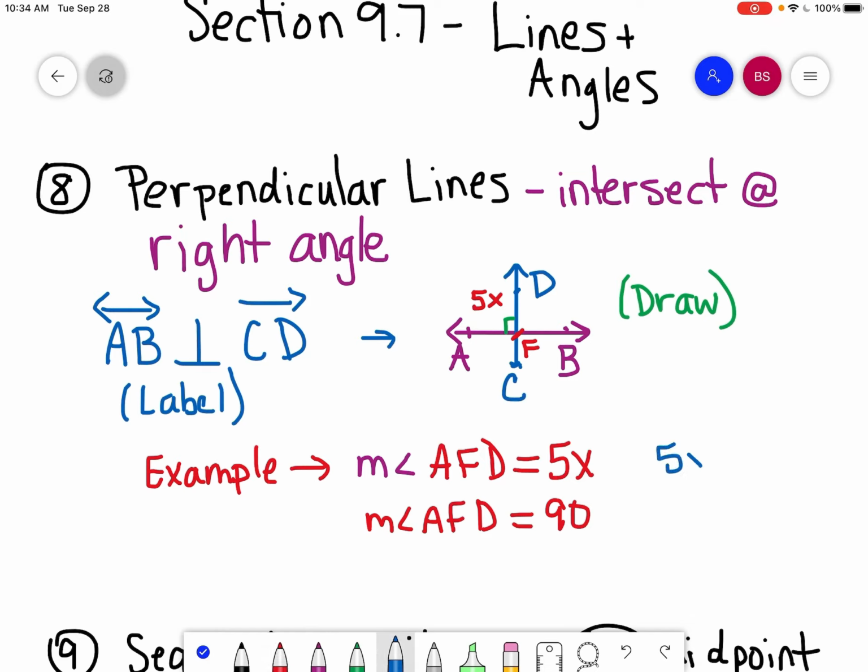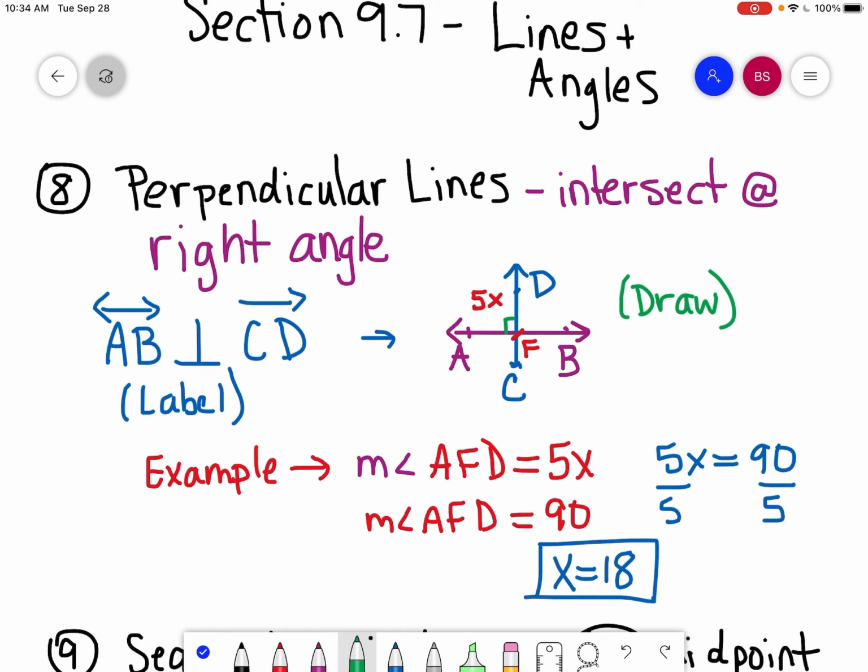Therefore, I can make an equation, 5x equals 90. And I can divide both sides by 5, and 5 goes into 9 once with 4 left over, 18. So x equals 18.